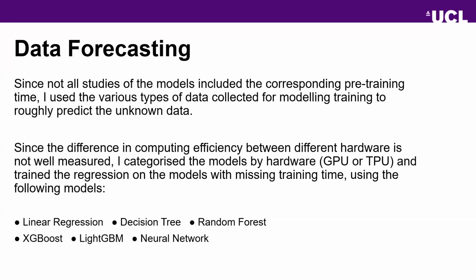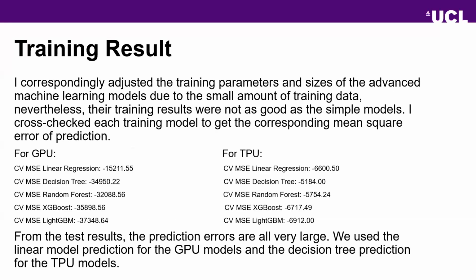I correspondingly adjusted the training parameters and the size of the advanced machine learning models due to the small amount of training data. Nevertheless, their training results were not as good as the simple models.